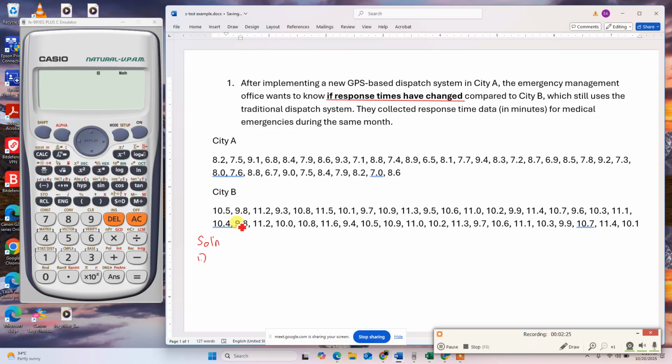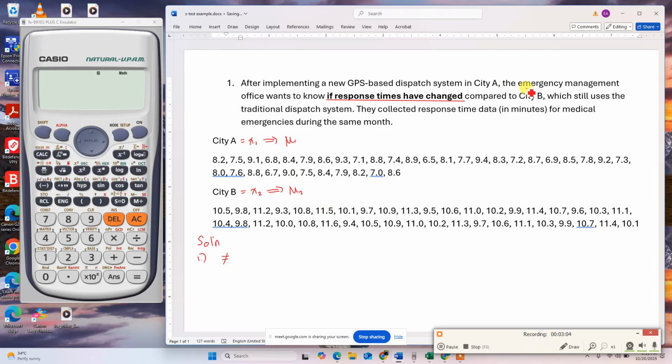Since response times have changed, it means the relation symbol becomes not equal. If CTA is our x sub 1 and CTB is our x sub 2, it implies that CTA would be mu 1 and CTB would be mu 2.